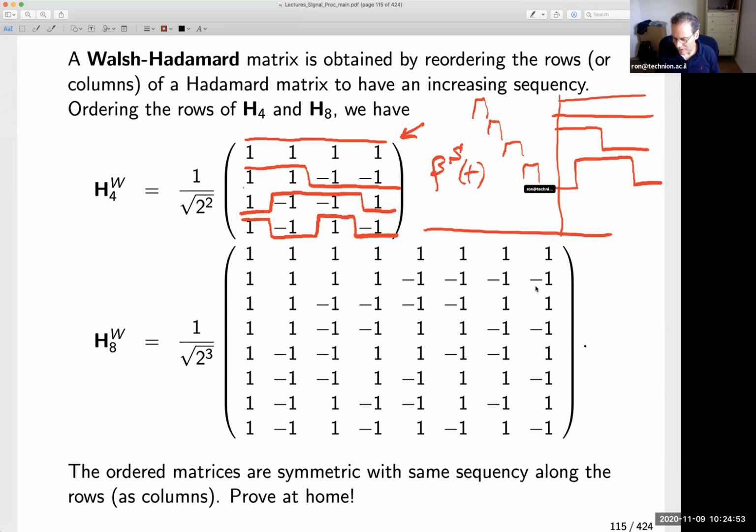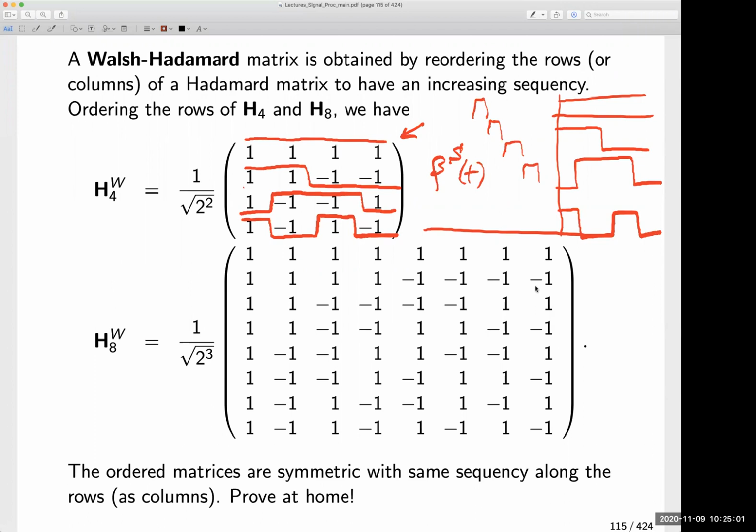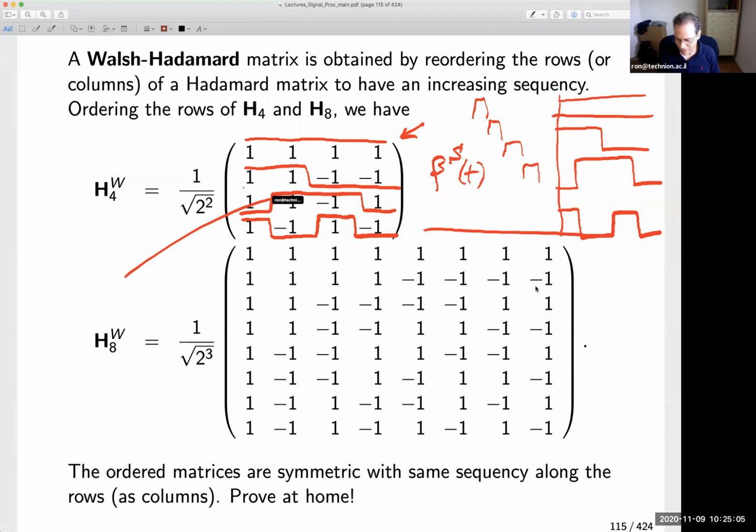And the last one would look like that. The third one is upside down, isn't it? The third one, yeah. This one is upside down, you're right. And usually we say up to a sign. Okay, so this is like that.